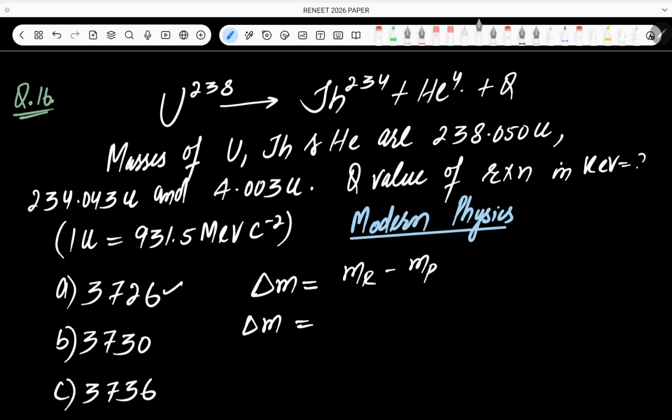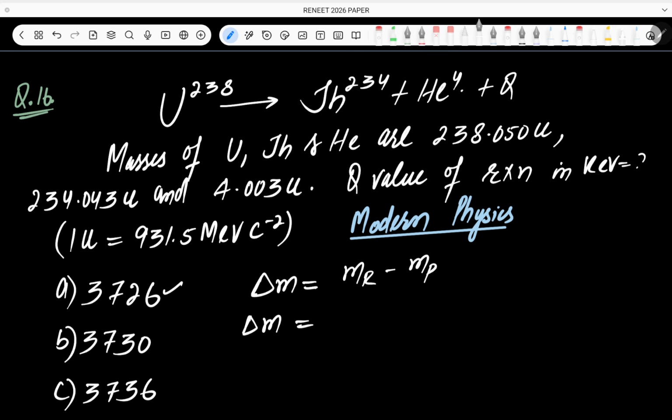So delta M will be equal to, now what's the mass of the reactants? Have a look: 238, this is 4, this is 234, so it is the same. 234 plus 4 is equal to 238, so we have nothing to do with that. So what's the mass of the reactants?